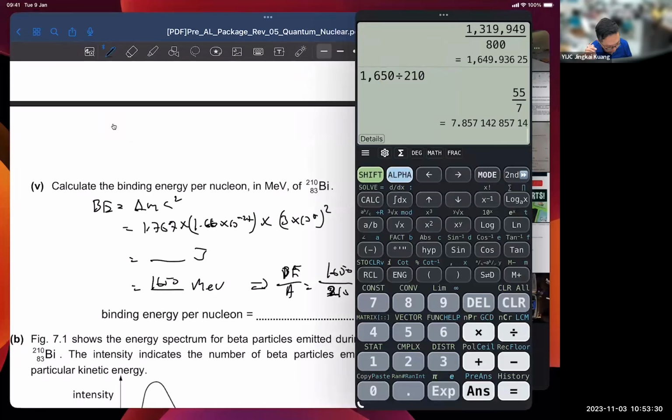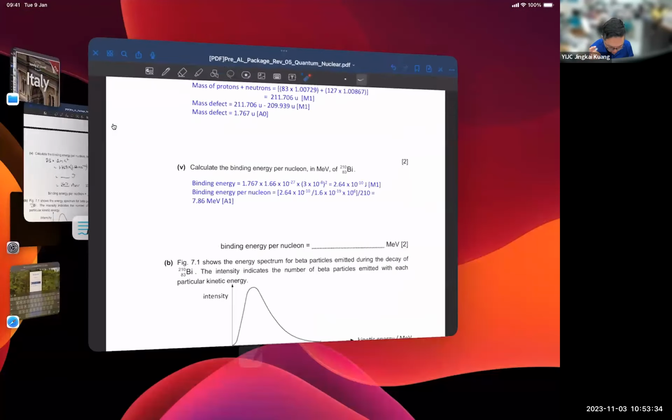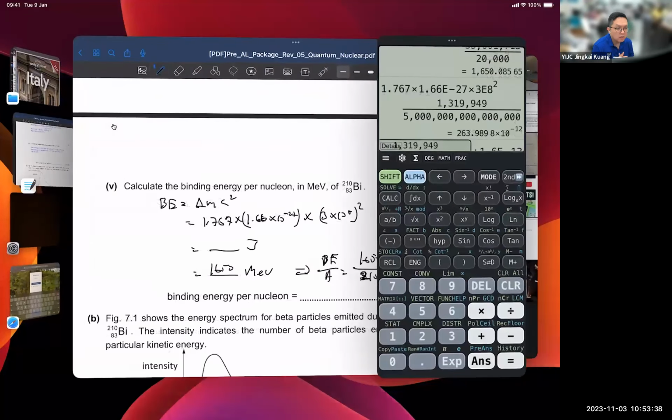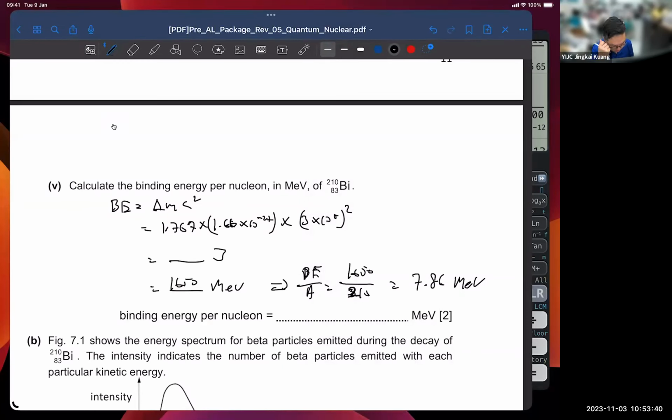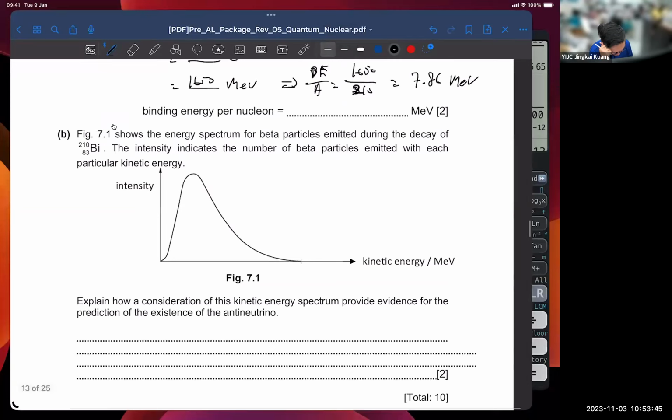I get 7.857. Okay, yeah, now it's correct. So 7.86 MeV. And the next part is similar to the previous part, so I'll just skip this one.